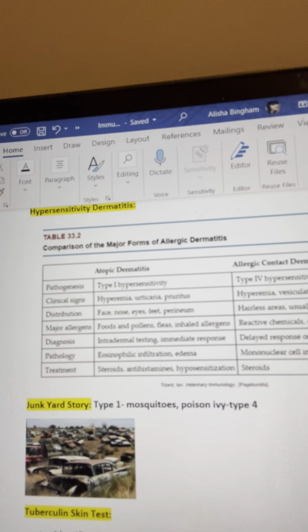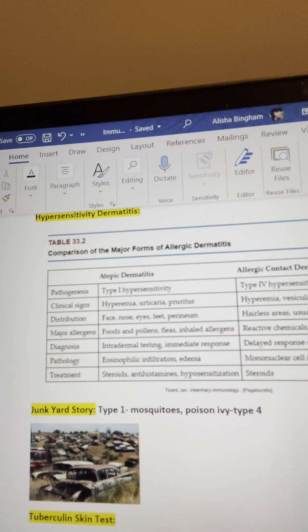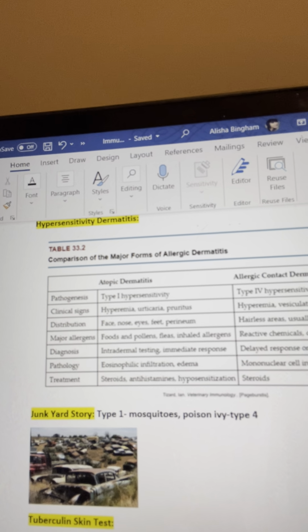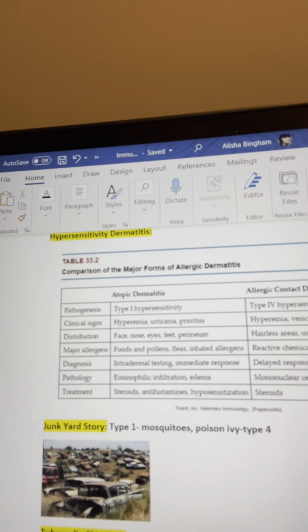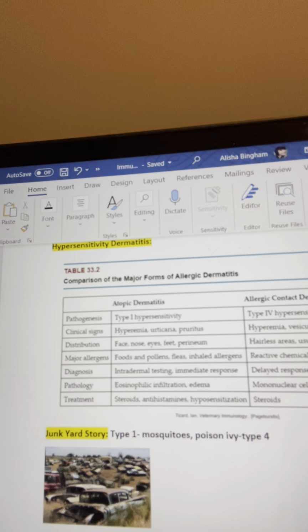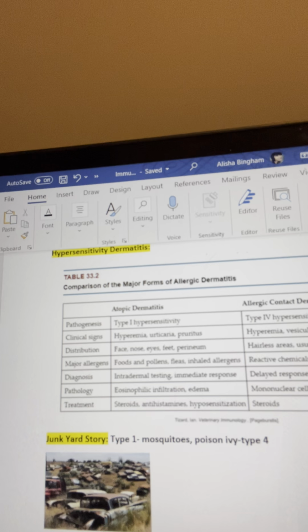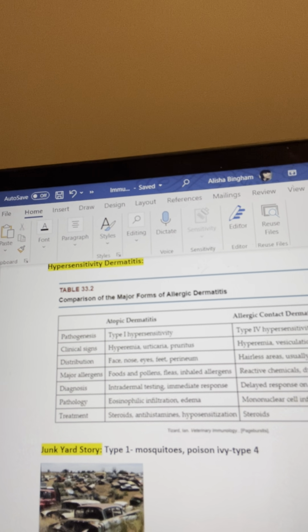The distribution is the face, nose, eyes, feet, and perineum. The major allergens are foods and pollens, fleas, and inhaled allergens. The diagnosis is intradermal testing, immediate response. The pathology is eosinophilic infiltration and edema. And the treatment would be steroids, antihistamines, and hyposensitization.